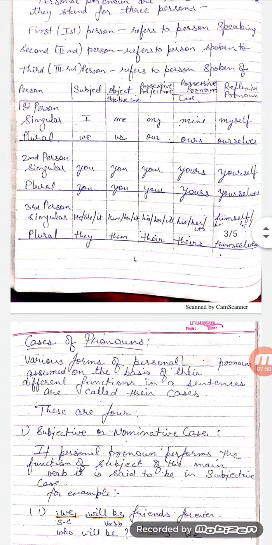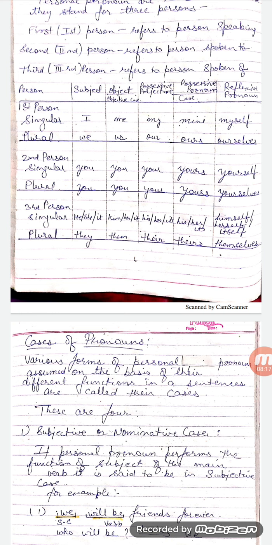As we can see in the fifth column, possessive pronoun case, mine is the possessive case of the pronoun I. Ours is the possessive case of the pronoun we. Yours is the possessive case of the pronoun you.